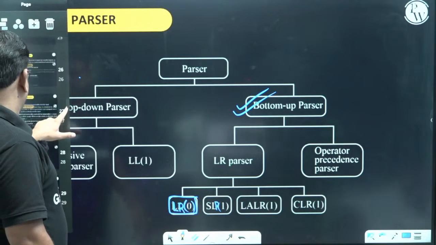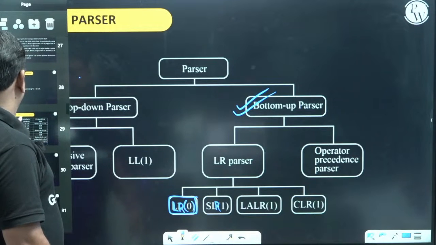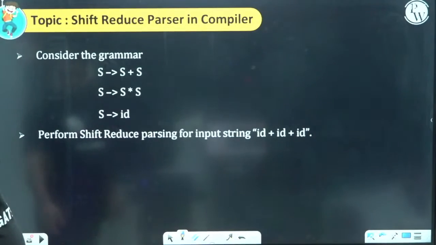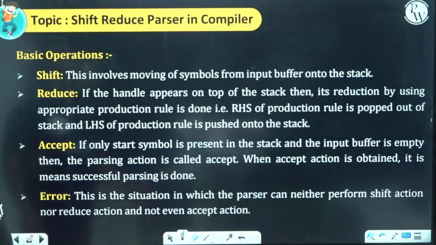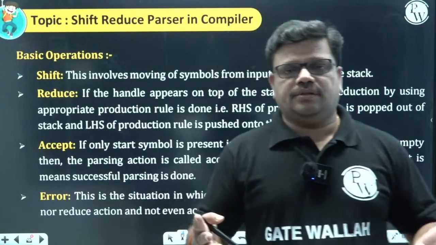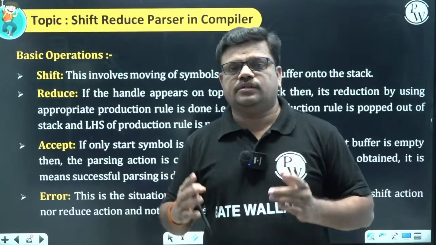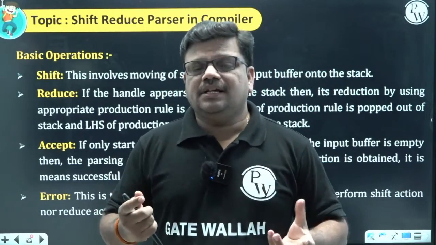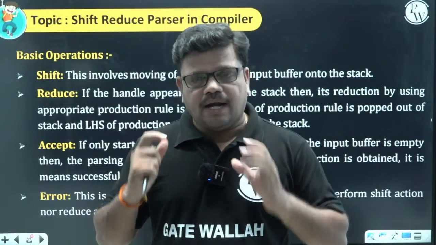In the last class, we discussed about shift reduce parsing. What is the shift reduce parsing? Bottom up parsing is performed with the help of handle detection.